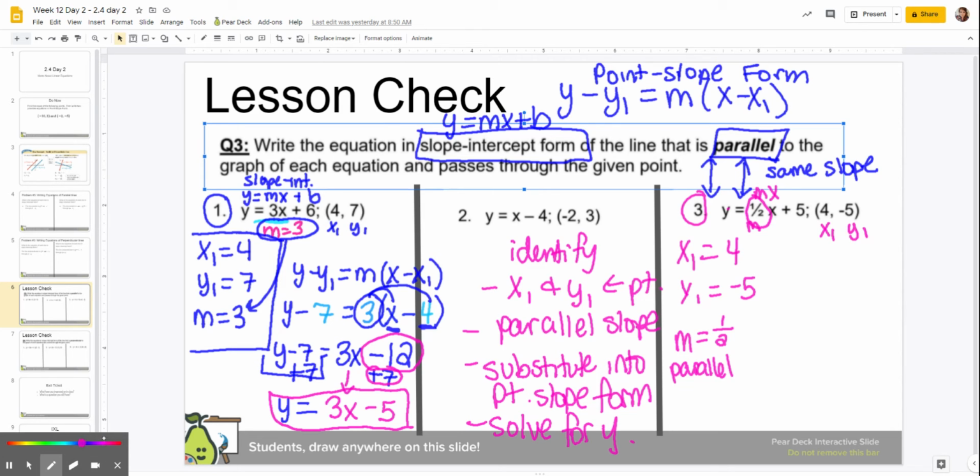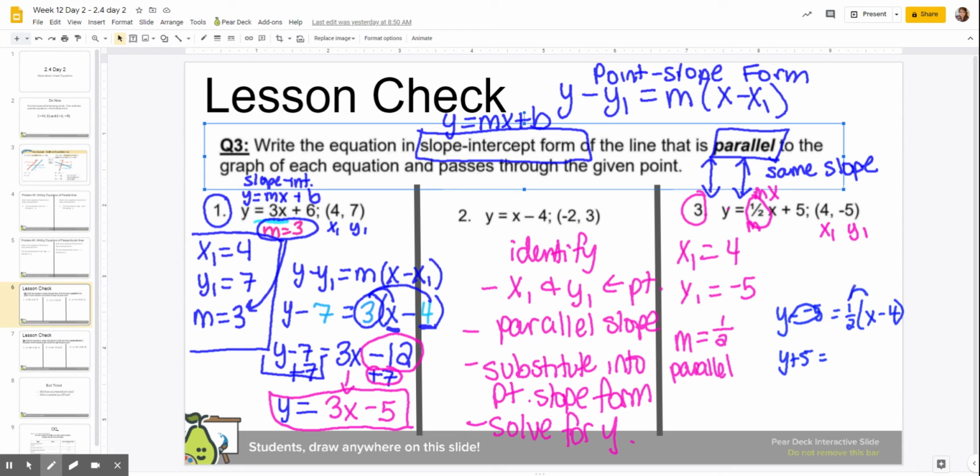And then you plug it into the equation. So it's y minus the y1 value, which is -5. You notice there's a double negative. Our slope is 1/2. And it's x minus my x1, which is +4. This double negative right here is going to change to a +5.